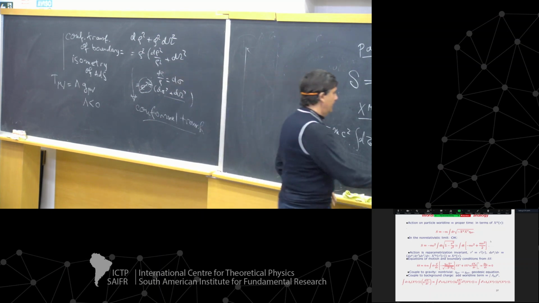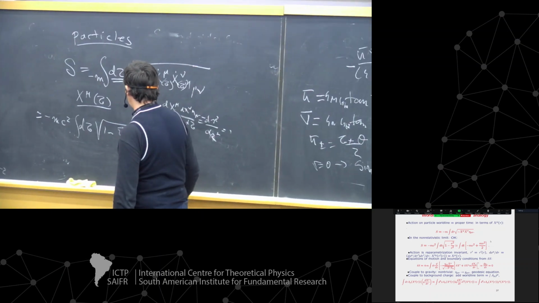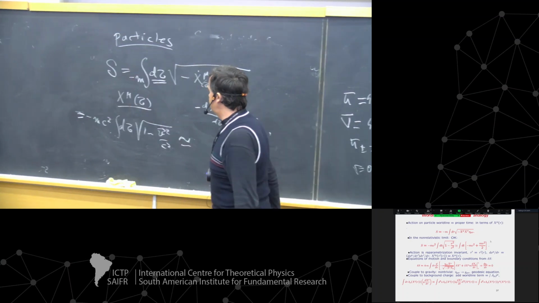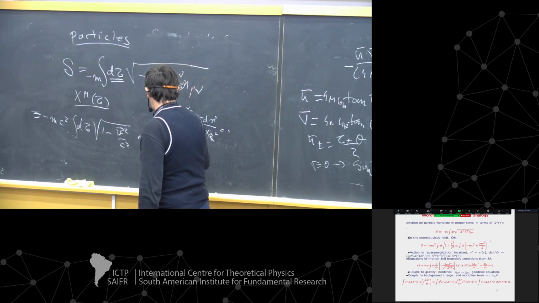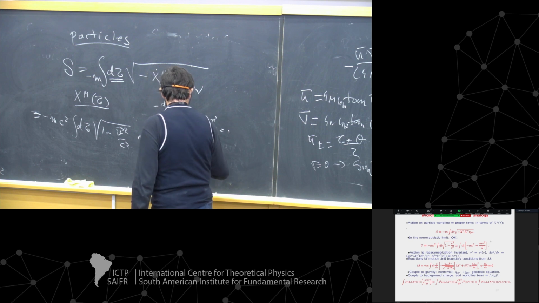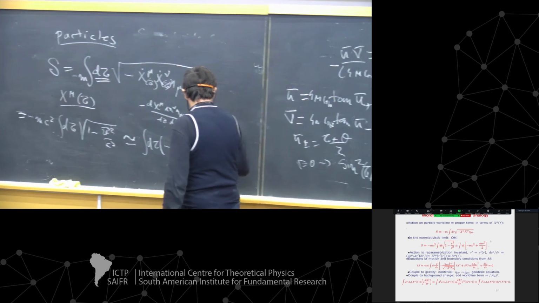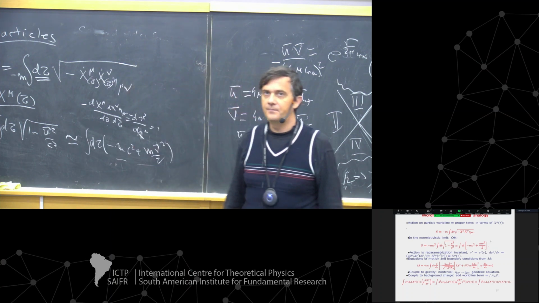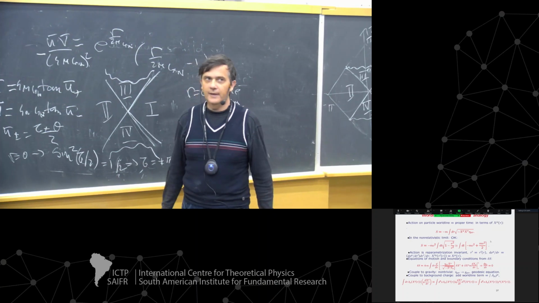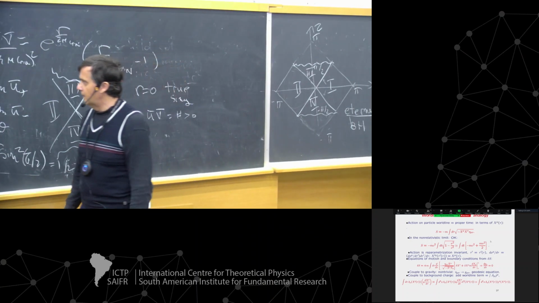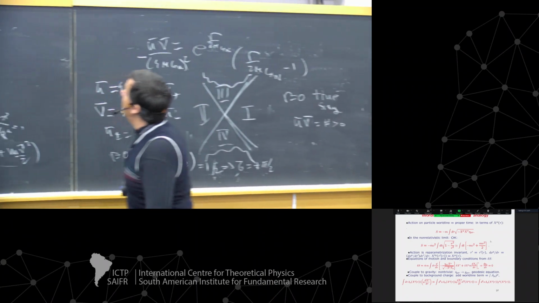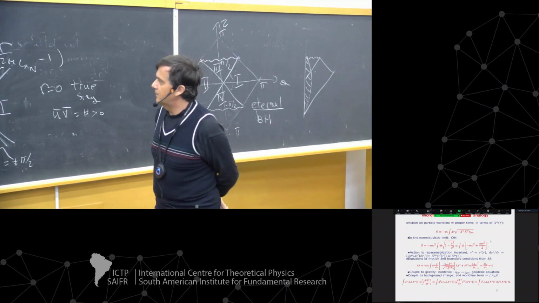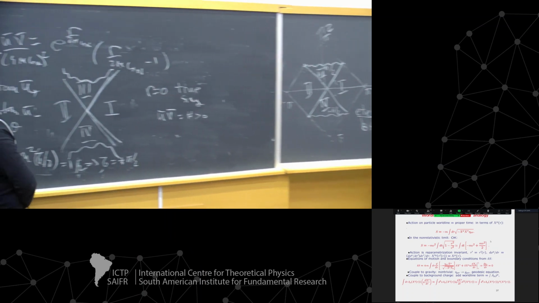And then if I expand the square root, I get integral d tau minus mc squared plus mv squared over 2. So potential plus kinetic energy, right? So that's the correct action for a particle. So this is the generalization in special relativity.